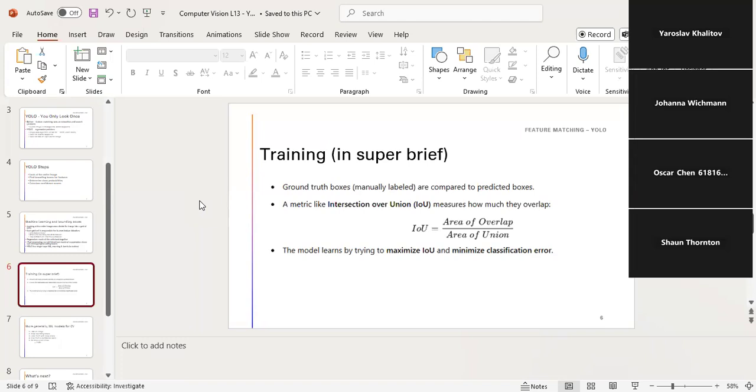wherein somebody takes 10,000 pictures of a person standing next to a soccer ball and then manually draws a box around the soccer ball and says, this is a soccer ball, and manually draws a box around a person and annotates it as this is a person.